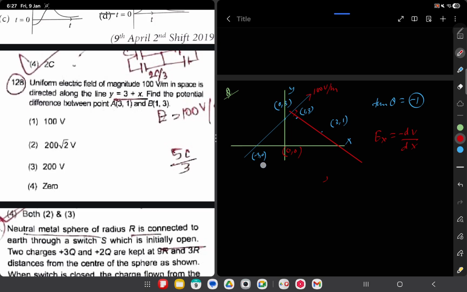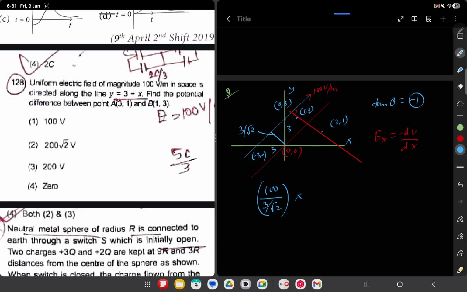So for this line, let's say the electric field will be 0. So just find out this one. This one is how much? If this is 3, this is 3. So this is 45 degree. So this will be how much? 3 by root 2.